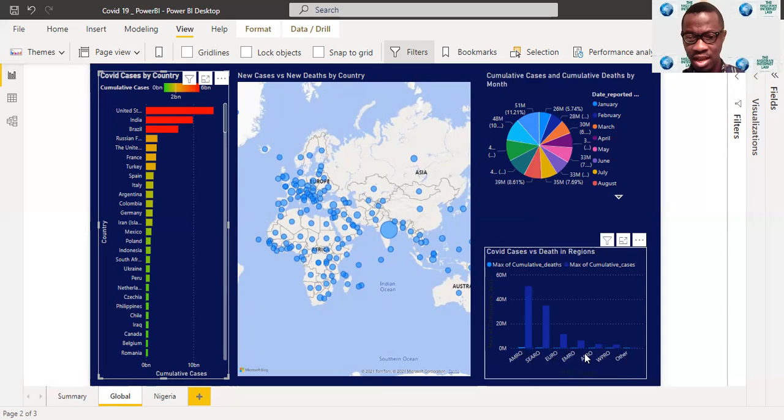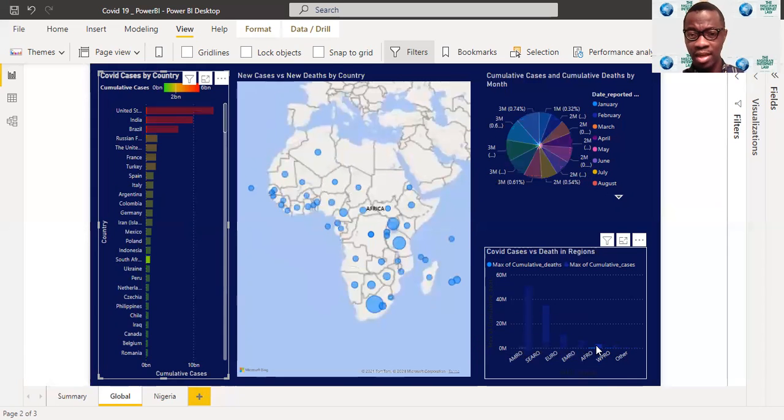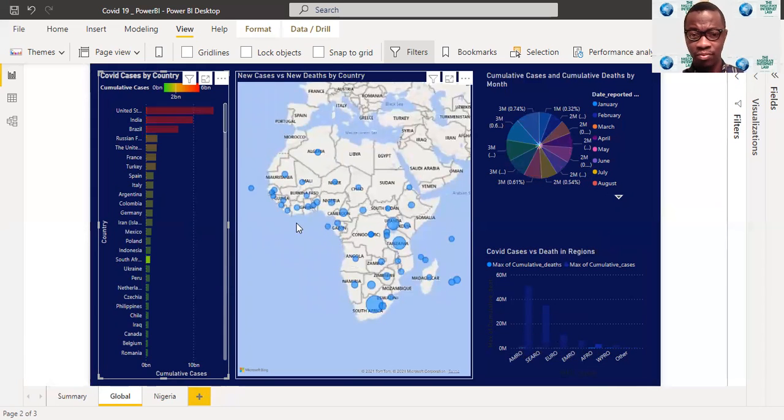And we can see here again that the African region is not as affected, or should I say is one of the least affected regions around the world. That's also shown here.